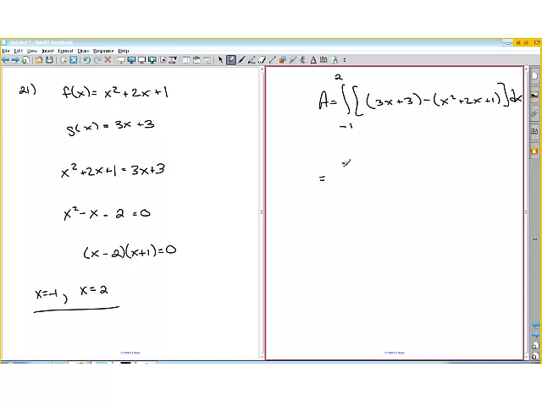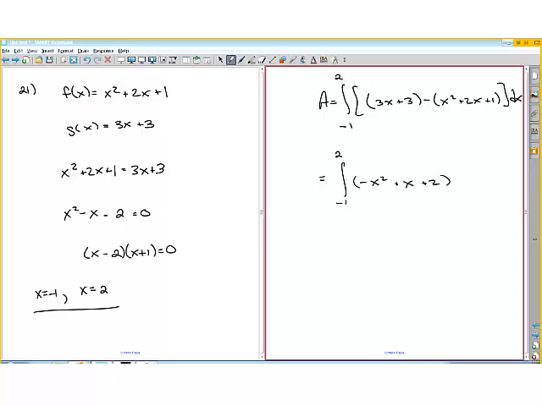So we'll get the integral from -1 to 2 of -x² from here. We got 3x minus 2x, which is plus x. And then we have 3 minus 1, which is plus 2, which is the negative of that thing right there.